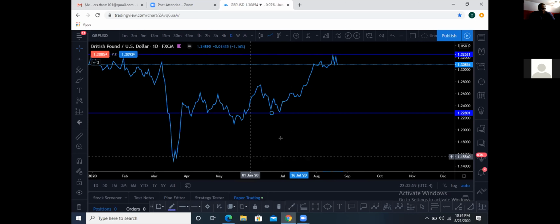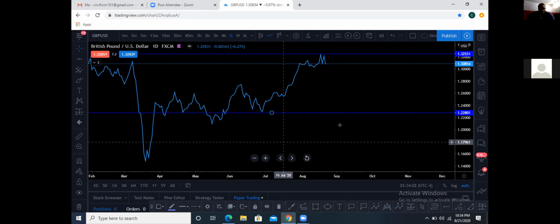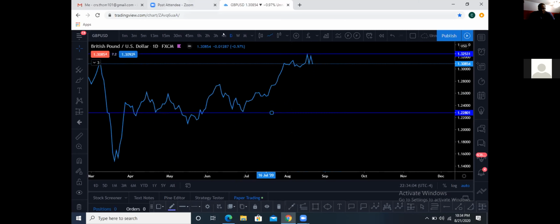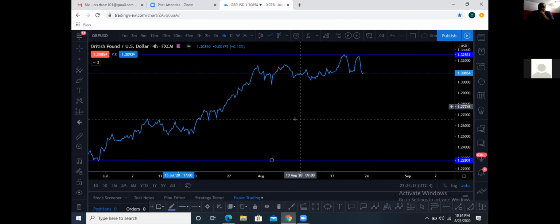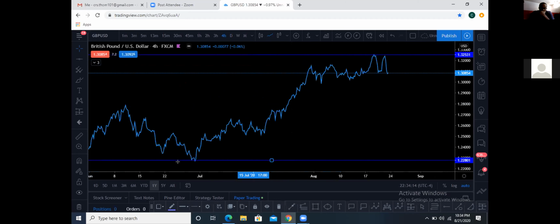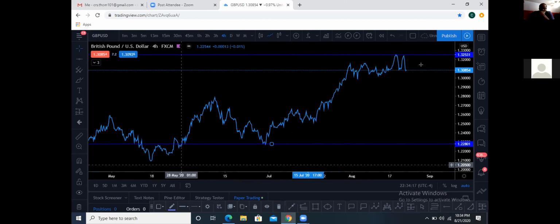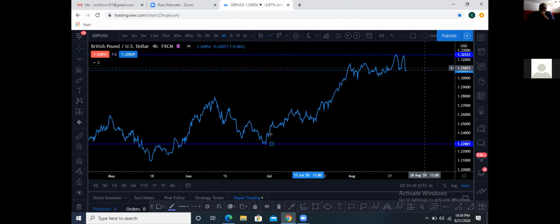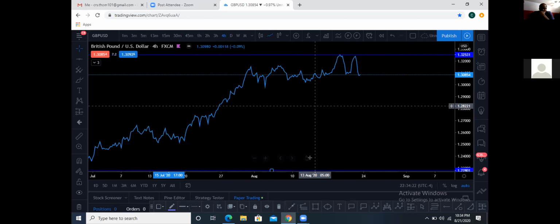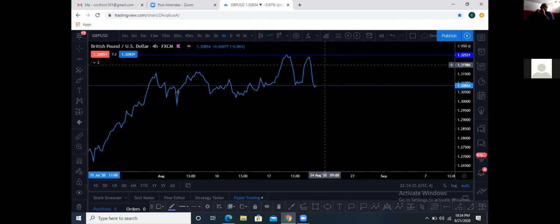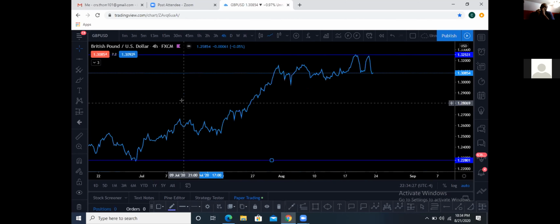So when I do that, I narrow it down and come down to a 4 hour time frame, and look to see what's recent, and then kind of go back. Recent looks like a bullish trend, right?